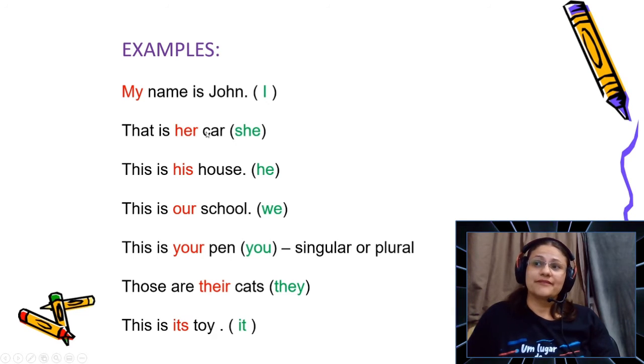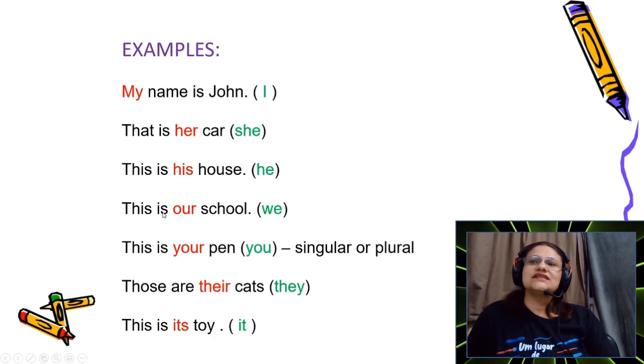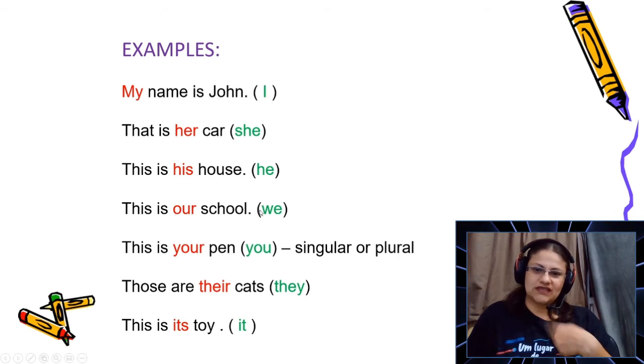This car belongs to her. This is his house. He. This house here belongs to him. This is our school. Our, we, you and me.